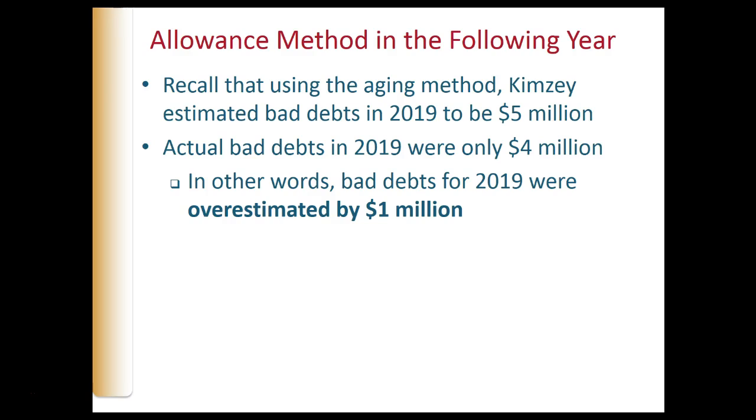This means that Kimsey's adjusting entry at the end of 2018 to record the estimate of bad debts turned out to be overestimated. Now, assume at the end of 2019 that Kimsey estimates future bad debts to be $8 million. How will Kimsey record this estimate? How will the overestimation last year affect this year's estimate?